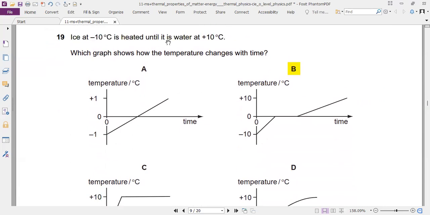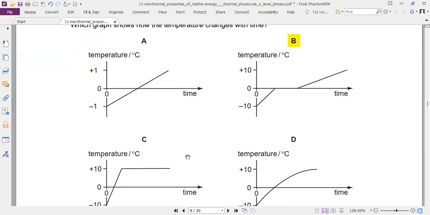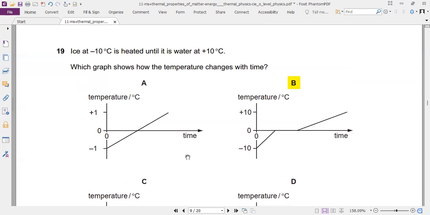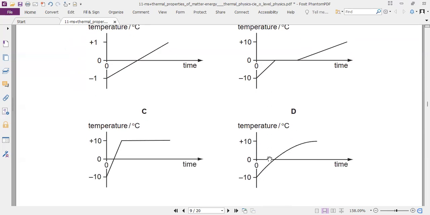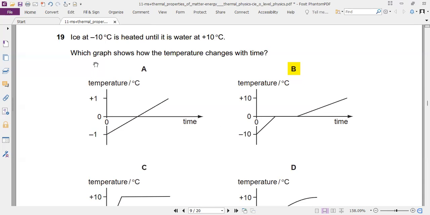Ice at -10 changes to +10, so this is not possible. Is heated until it is water at 10. So sorry, this is possible, or this is the only possible thing, because when you heat the ice, temperature increases, becomes liquid, and then temperature increases.